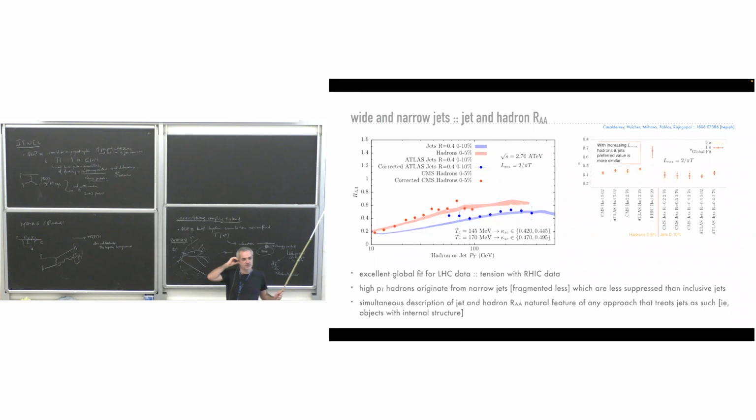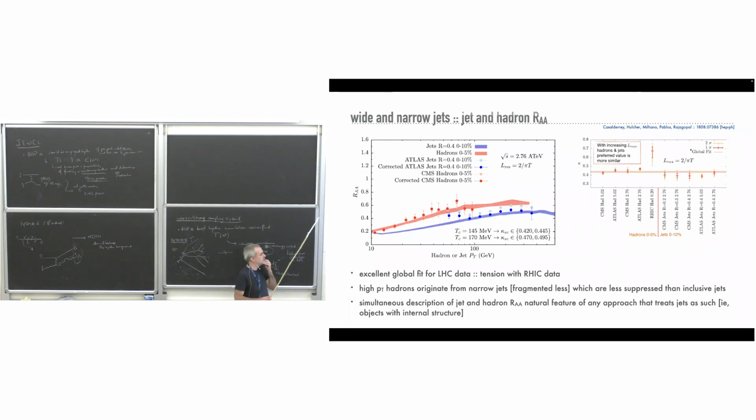This has been observed by many people: there is a tension between LHC data and RHIC data that is not fully understood. One way of interpreting it is that the QGP at RHIC seems to be hotter than what one would have expected.